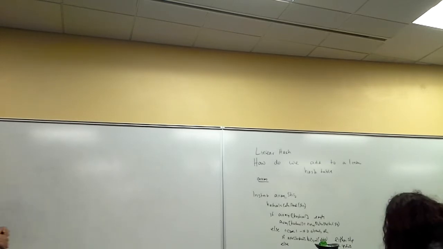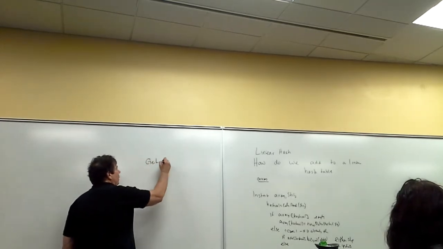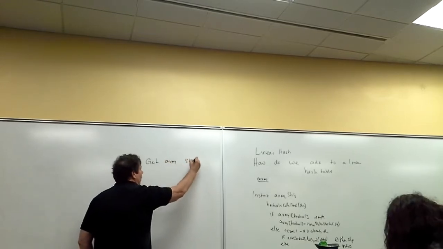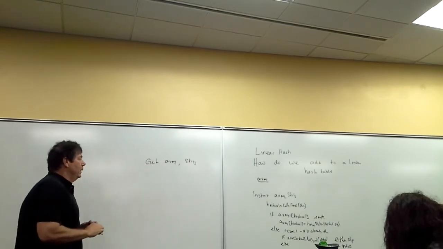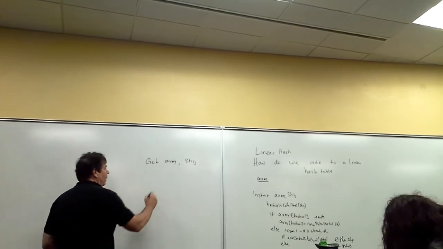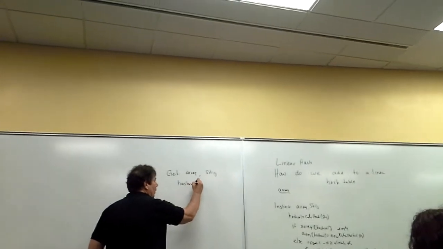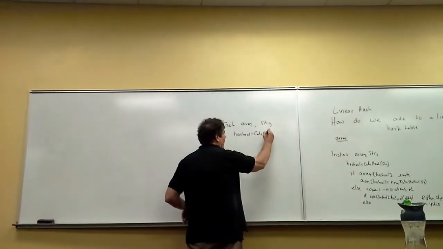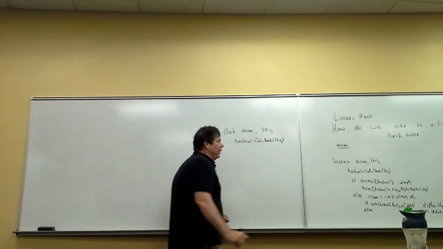So let's do a get now. Get array, string. Okay? So what's the first thing we have to do? Hash val is our hash, right? So far so good?